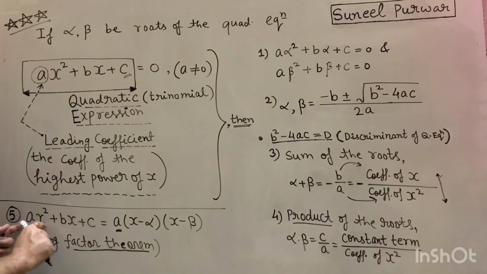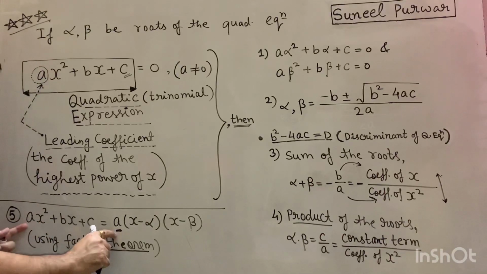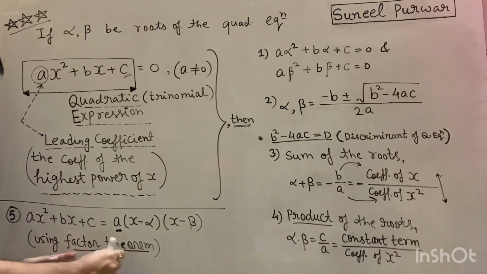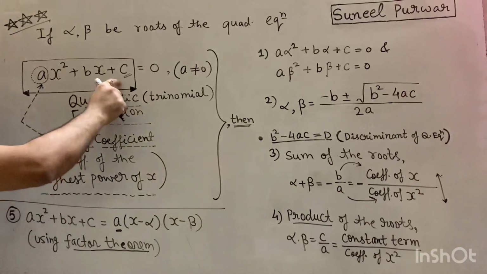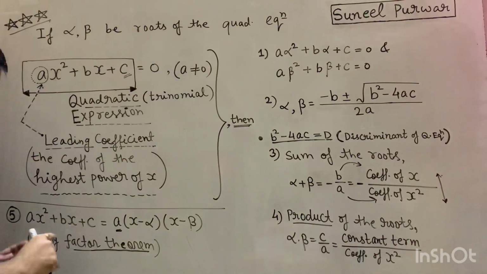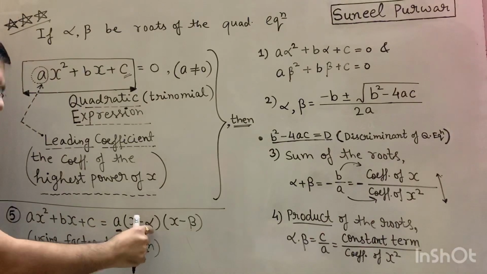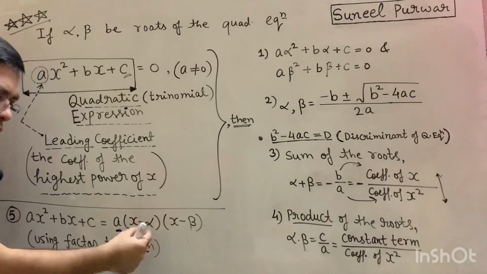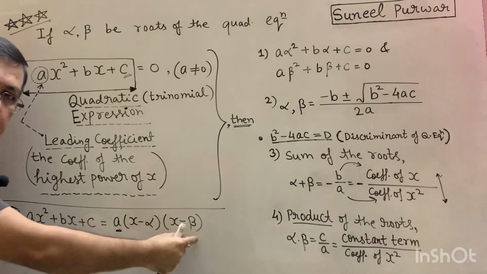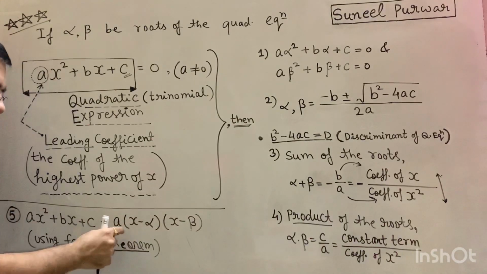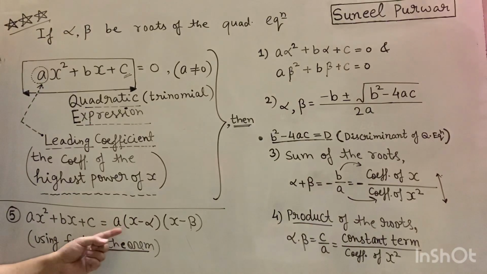This is the very important concept, which we are writing with the help of the factor theorem. In a quadratic equation, if alpha, beta are the roots, then the corresponding quadratic expression is equal to the product of these two factors using the roots, x minus alpha and x minus beta, multiplied with a.